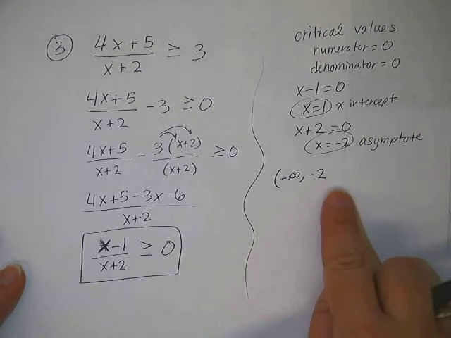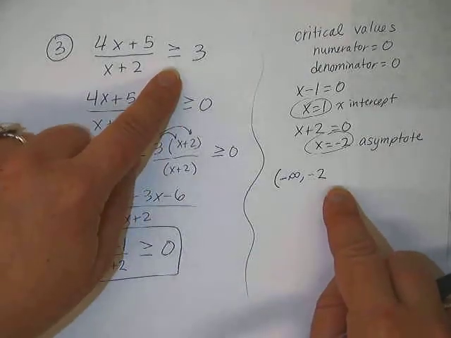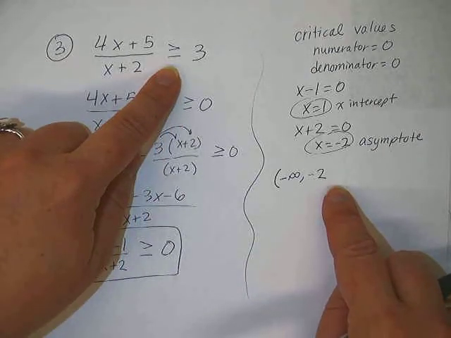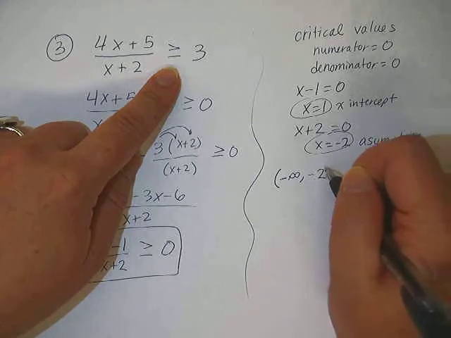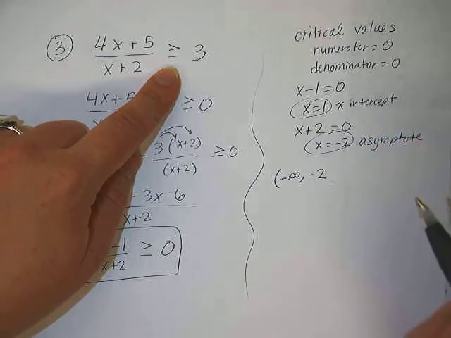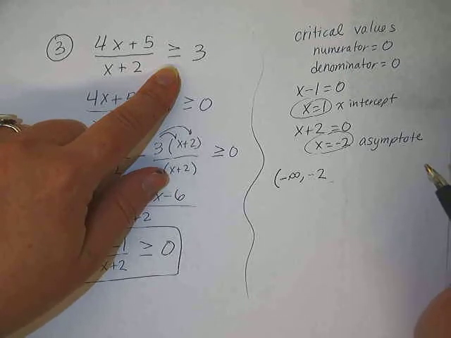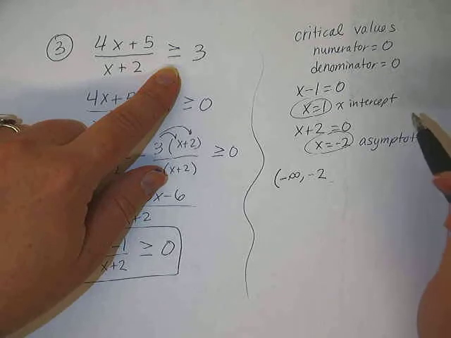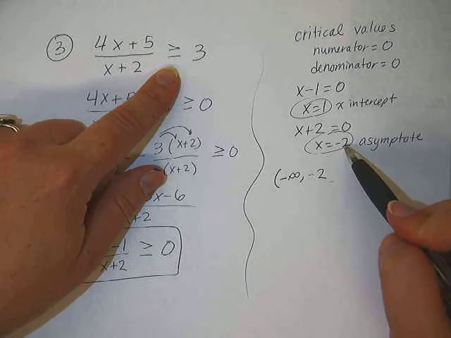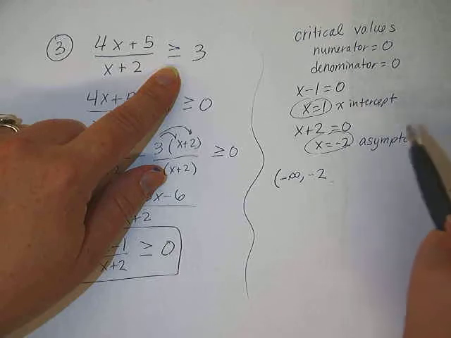Negative infinity to negative 2. Stop. Look at our inequality sign. It's greater than or equal to. Shouldn't that mean that we can place a square bracket at the end of this interval? Well, typically that's what it means on polynomial functions, but on rational functions that is different. We have to stop and think.